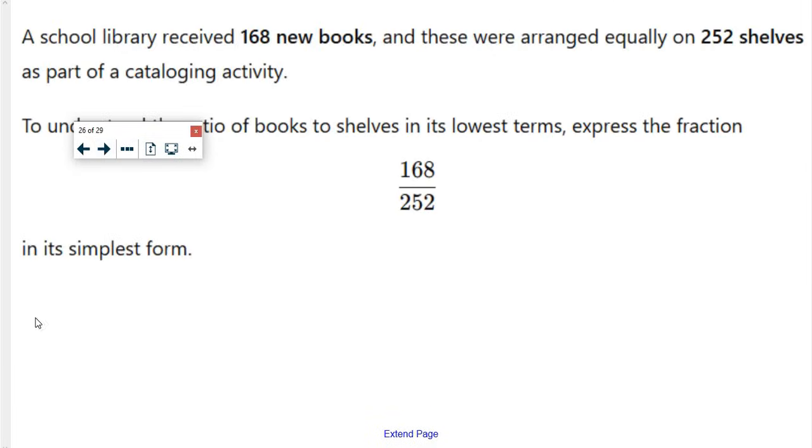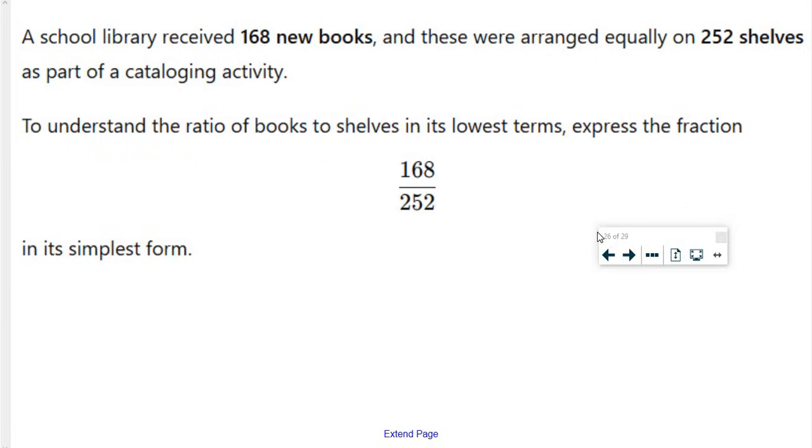Okay, we are almost ending this. A school library received 168 new books, and these were arranged equally on 252 shelves as part of a cataloging activity.